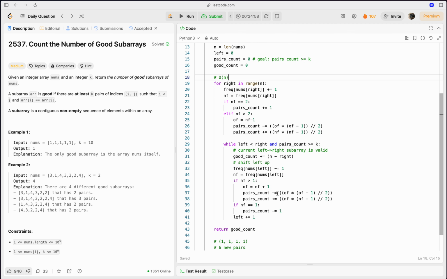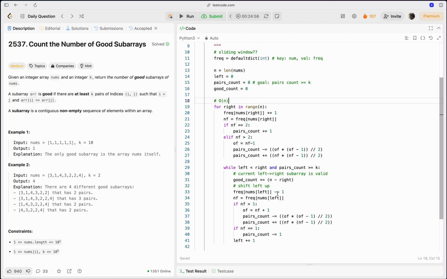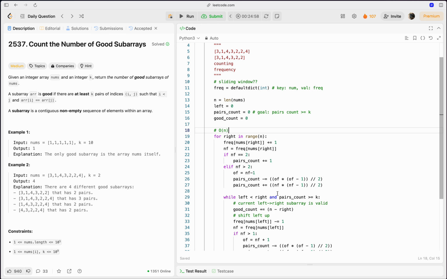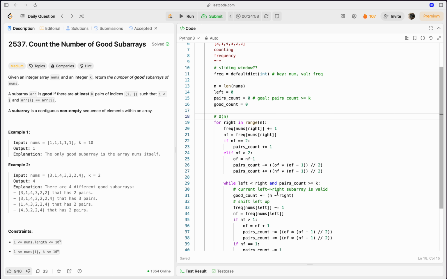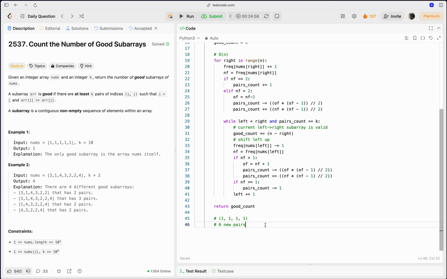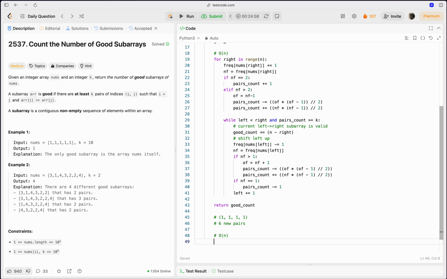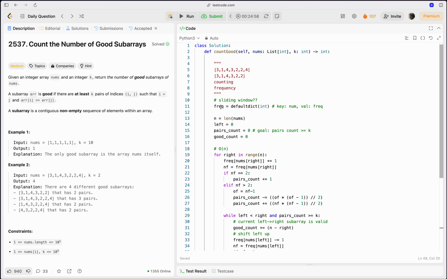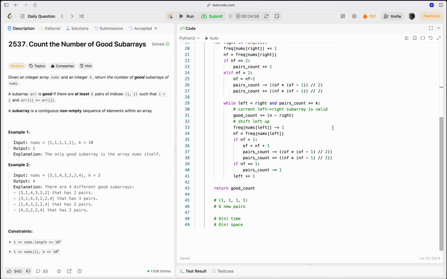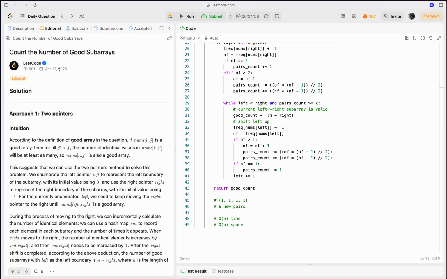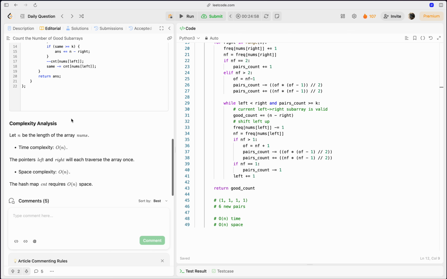So I think this is linear, O of n time, and it is also linear, O of n space, just because we have extra space to hold this frequency dictionary. Let me see if I was right on that. I'm always kind of weird about this. Is it O of n and O of n? Yeah.